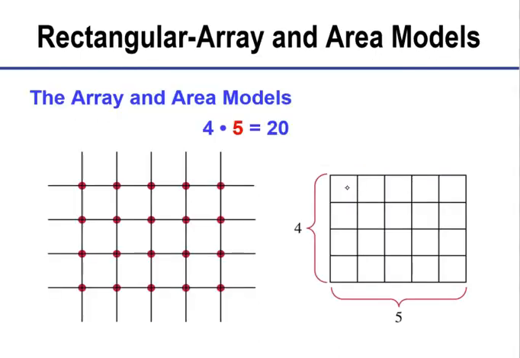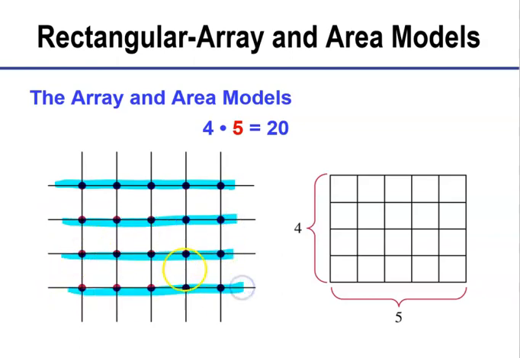Now, what about the rectangular array model? So if you're trying to express 4 times 5, notice what we have here. The 5 is represented horizontally. So you've got across this way 1, 2, 3, 4, 5. And then if you want to multiply that by 5, you do that 4 times.